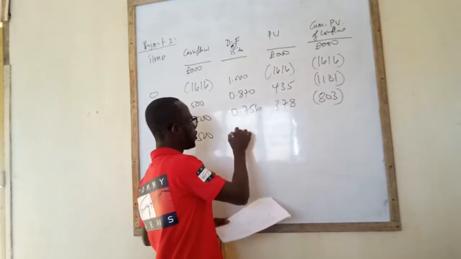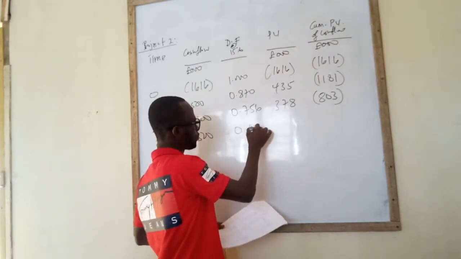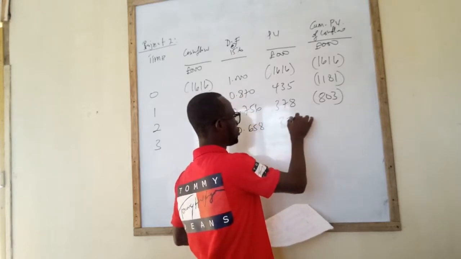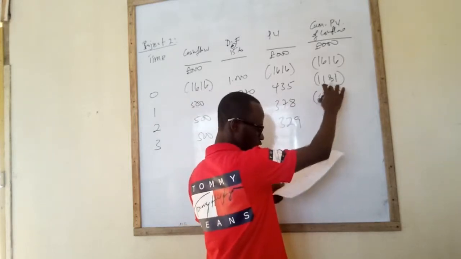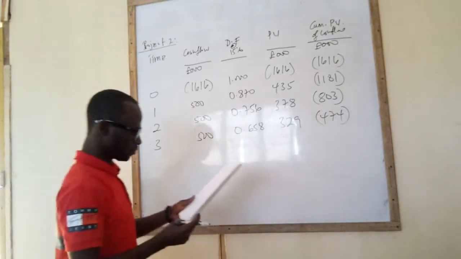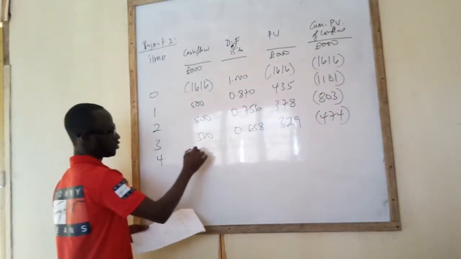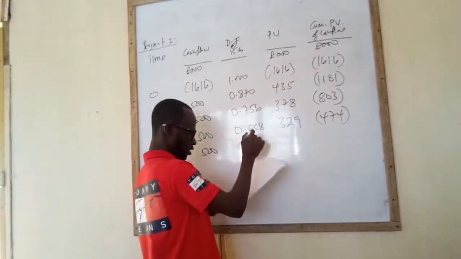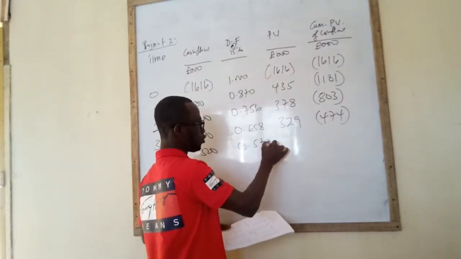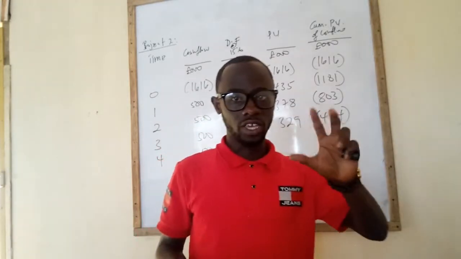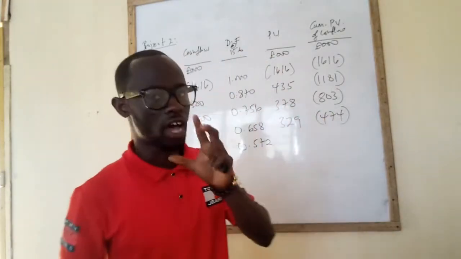Year 3 is going to be still 500,000. Discount factor 0.658. When we multiply, that will give us 329, and it will reduce this to 474, still negative. Year 4, we receive 500, and then that is 0.572. Remember, the project has a lifespan of how many years? 5 years. The project has a lifespan of 5 years.